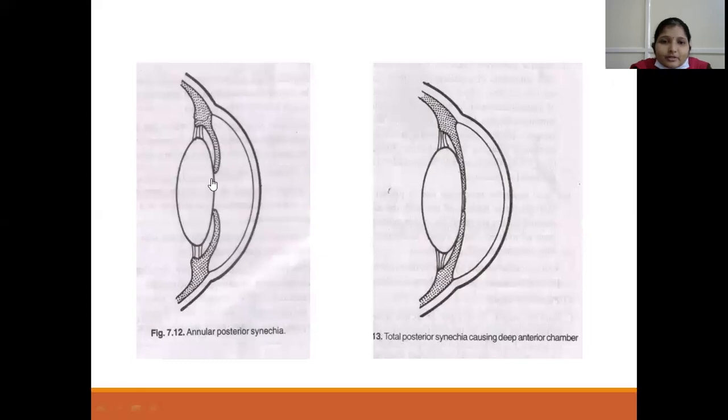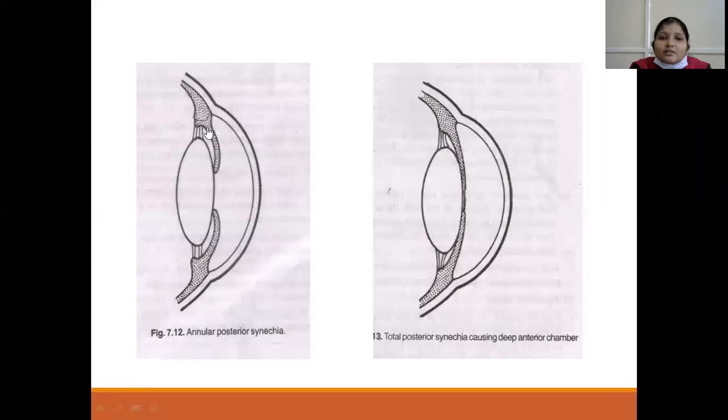So here you can see 360 degrees attachment of the pupil to the lens. Because of this type of attachment, this is known as seclusio pupillae. Normally the aqueous, after getting secreted from the ciliary body, is released into the posterior chamber, and through the pupil it gains entry into the anterior chamber. But because of formation of seclusio pupillae, what happens?